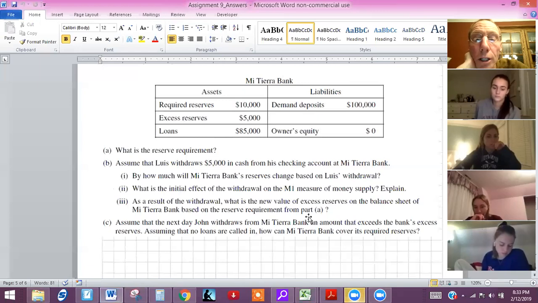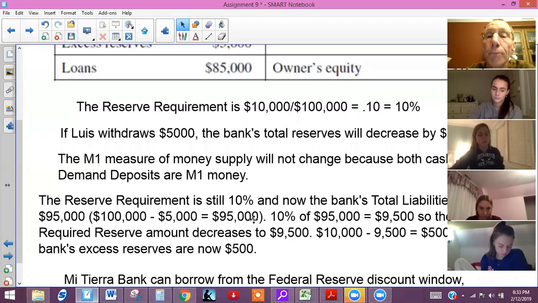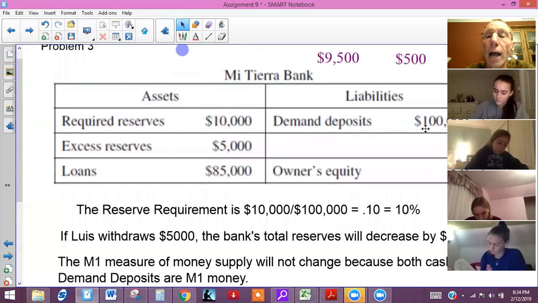Okay, so what is the change in excess reserves? Now, your quick answer could just be, well, it's 0, right? Because they took all 5,000 out, but that would be wrong. Why? Because you actually have to take the 5,000 out of here. So what happens is, because he took out 5,000, now they're not liable for it anymore, right?